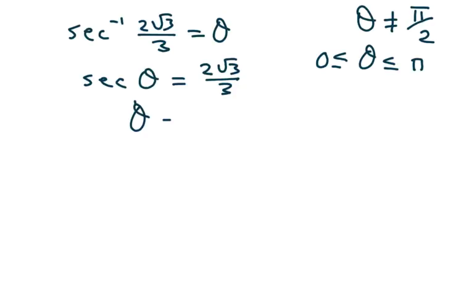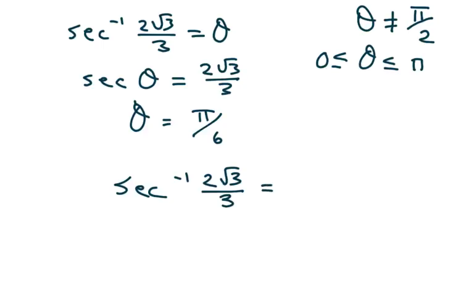And this occurs at pi over 6. So my inverse secant of 2 square root of 3 over 3 equals pi over 6.